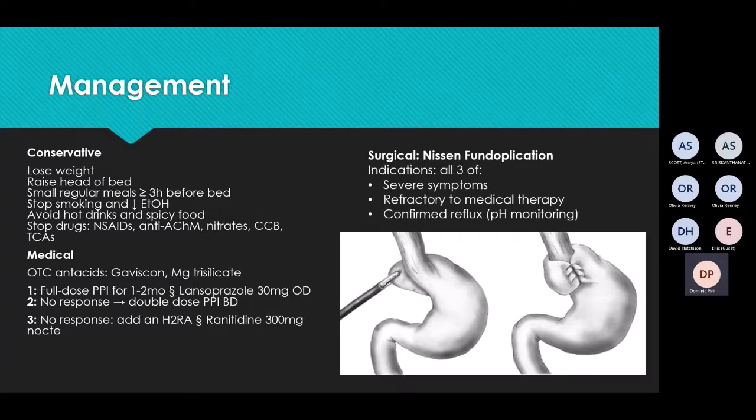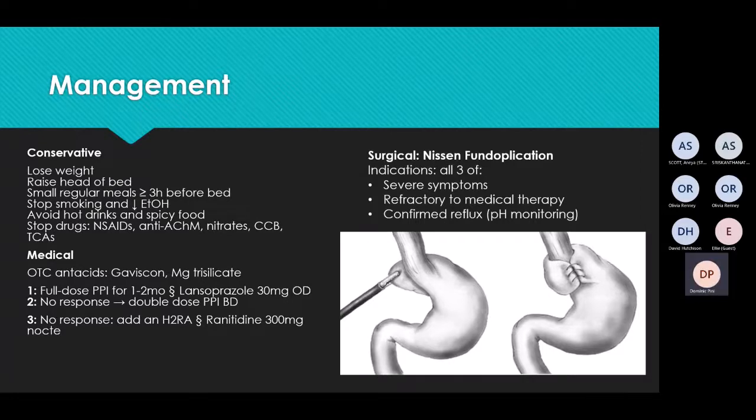And there are certain drugs that irritate the lining of the stomach, such as non-steroidal anti-inflammatory drugs, particularly nitrates, which relax the lower esophageal sphincter, some calcium channel blockers, and also tricyclic antidepressants.